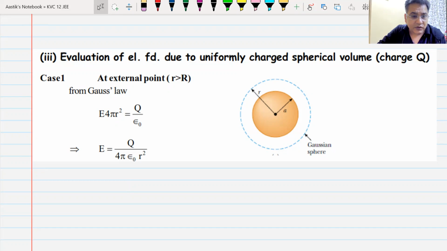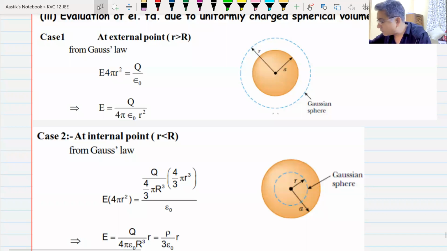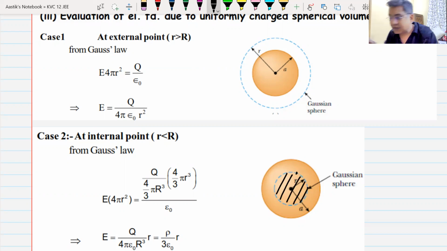But for internal points, you now have charge enclosed in that sphere, and therefore you will have to find out how much charge comes inside that sphere. I hope everyone is taking this. If you have to find out electric field at this point R, you have to find out how much charge comes inside this sphere.